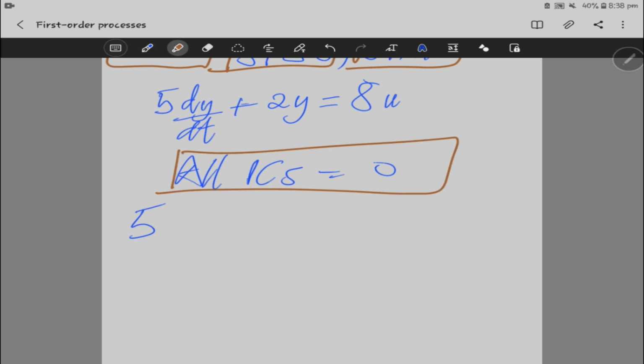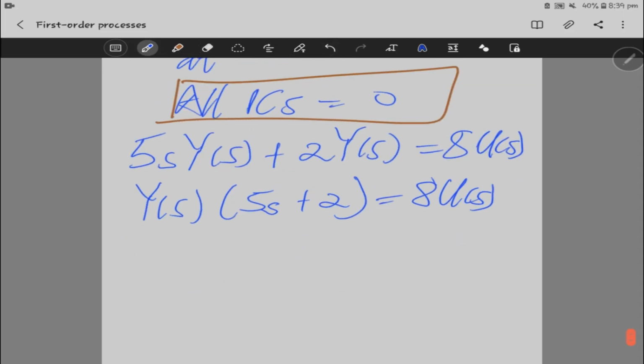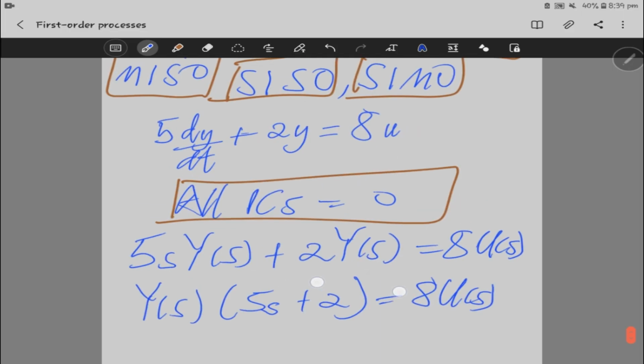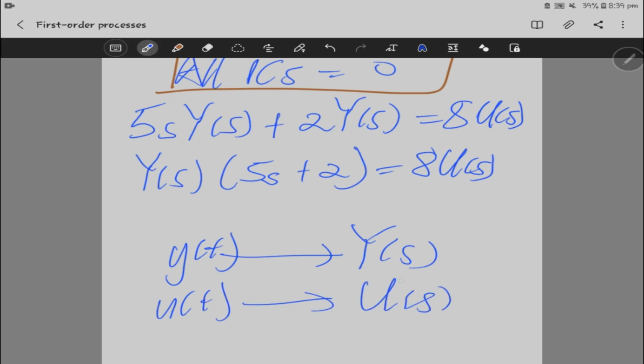We've already discussed that when we have a function like this and we do the Laplace transform, it becomes something like this. So we move from y of t to Y of s, and when we have u of t, we also change to capital U of s. We've said this already.